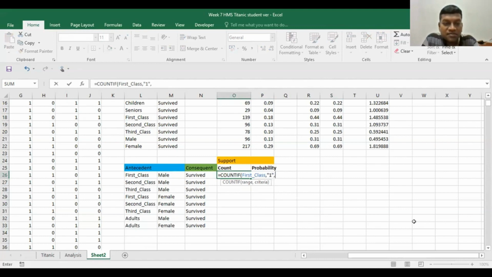Second criteria is male, criteria is again 1. And support survived. Survived, sorry. Why is it not picking? Okay.